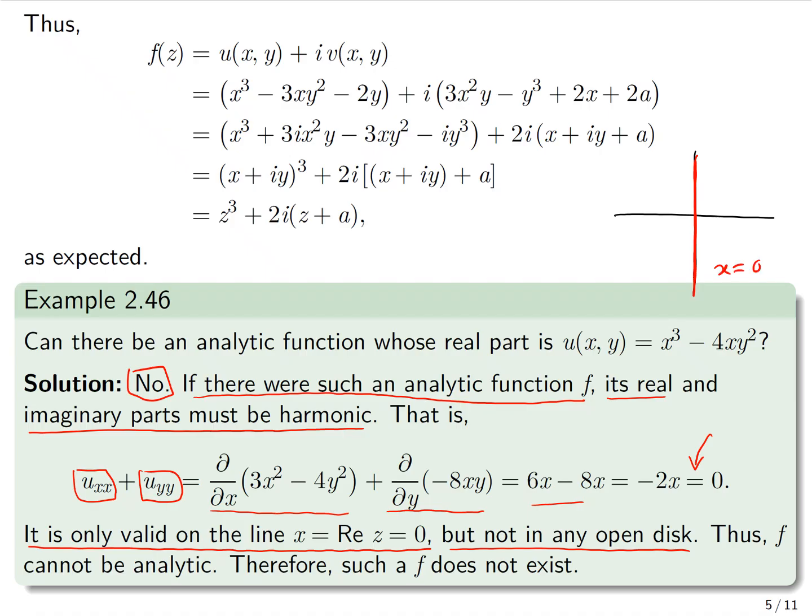Because if you pick a point and draw any open disk around it, you can see that there are parts outside of this line. So that means you cannot find any open disk here. Thus f cannot be analytic, and therefore such an f does not exist.